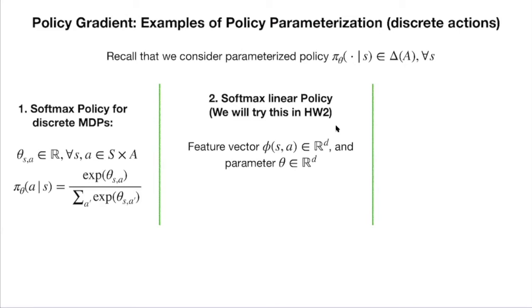In LQR, it could just be the concatenation of the state and the action. Let's design a linear function parameter theta, and then do the softmax again. This is literally the logistic regression formulation for binary classification. Imagine you only have 2 actions, a and a prime. Again, this is a distribution over the action space.